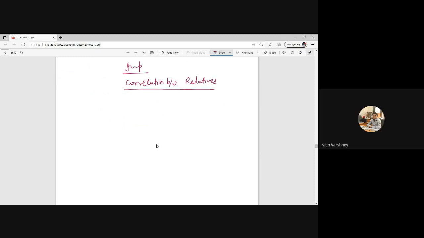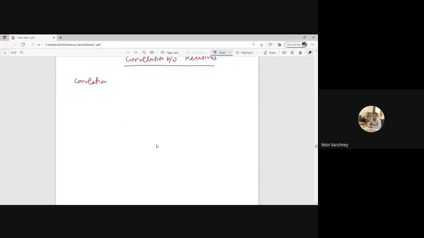Remember this table, one or two questions will come from it. The correlation between full sibs is 1/2. I'm not deriving the half sib value because the calculation is too much, so I'm directly writing the value.